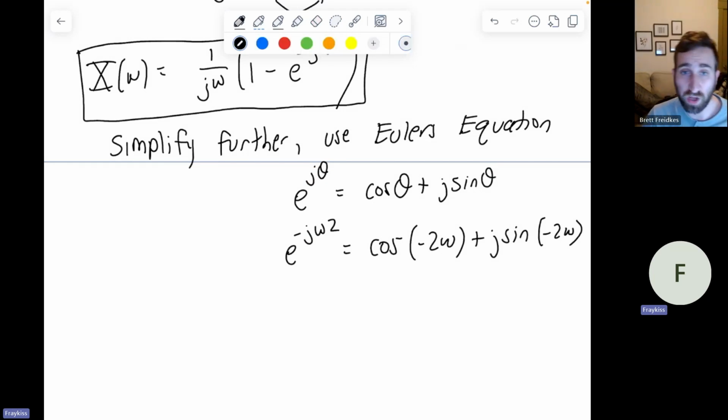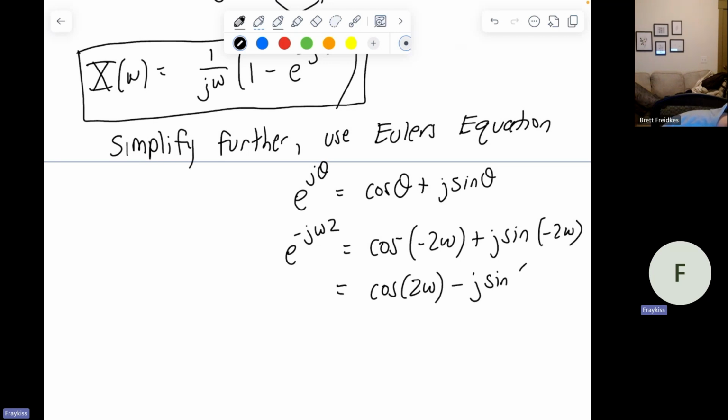As I mentioned in another video, based on the idea of the unit circle, we know that the cosine of a negative angle is the same as the cosine of the original angle, while the sine of that angle changes sign. So this is the same as cosine of 2 omega minus j sine of 2 omega.